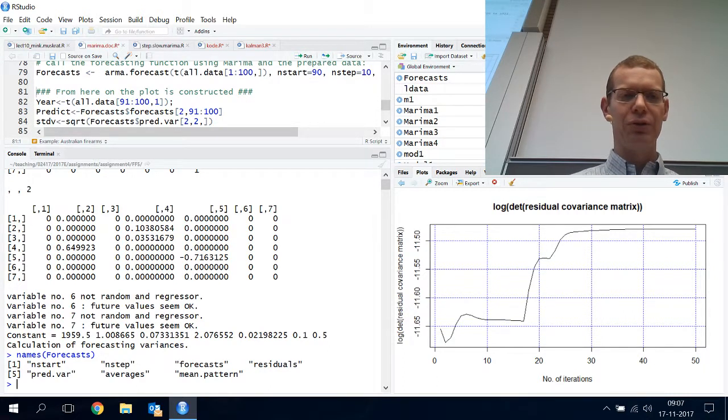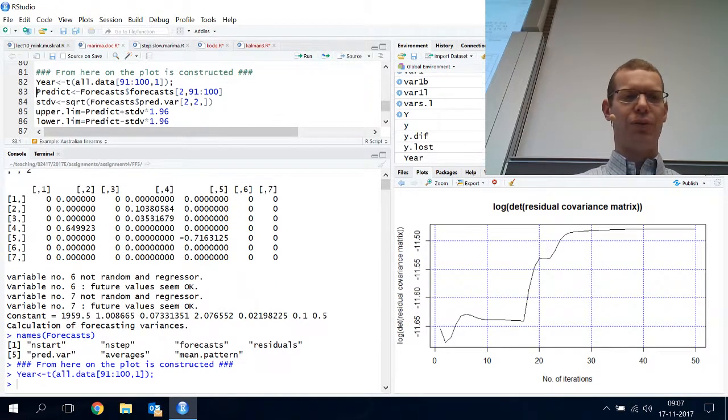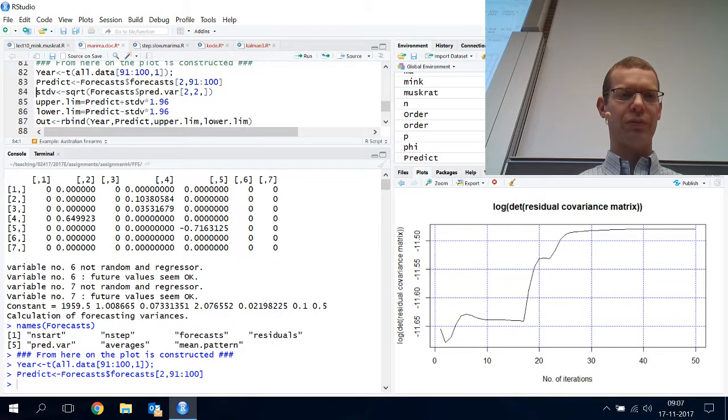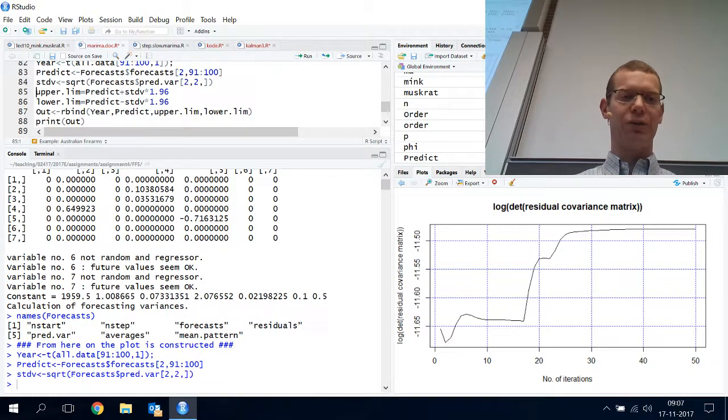So what we need to do in order to show you how things are: take the years for the predictions, and get the predictions out of the forecast. The beginning of that will all be the observed values. We'll take the prediction variance here, only for one of the states, just to make an easier plot, and then take the square root of those to get standard deviations.